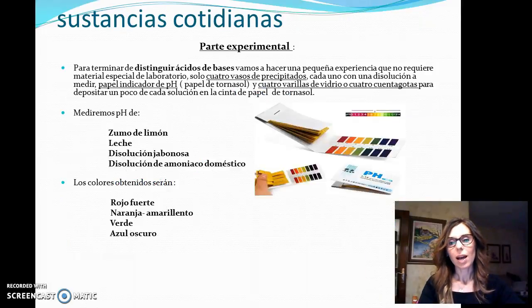We use a special paper to see if a substance is an acid or an alkaline.